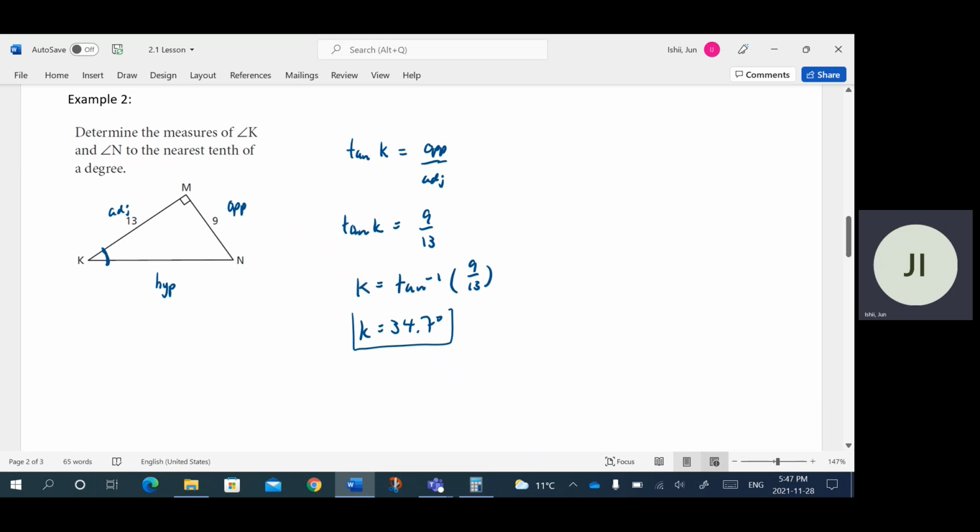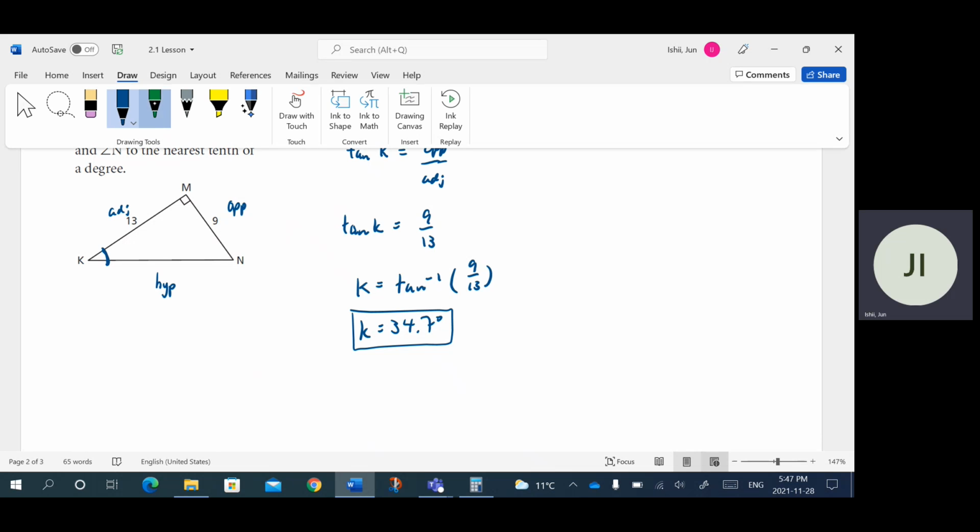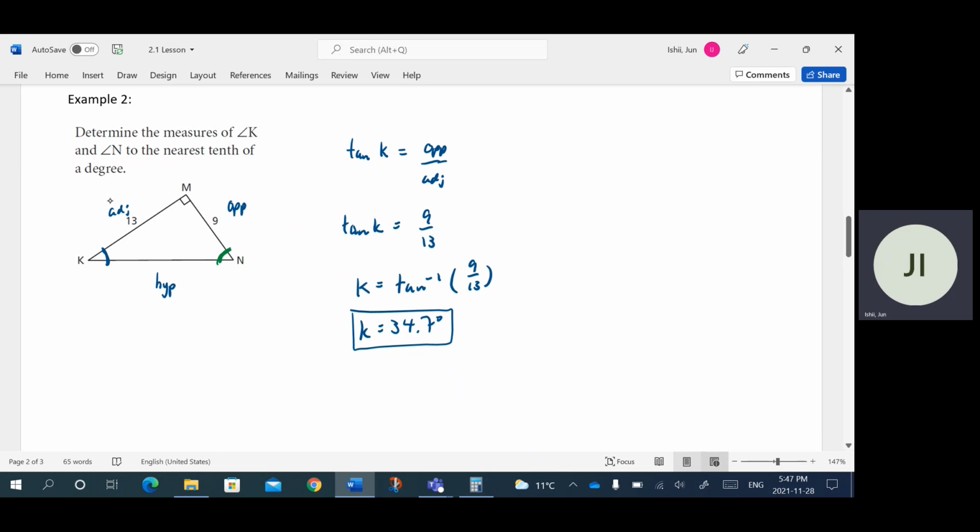Now, to find angle N, which I will change the color of my pen for, let's go with green. If I want to find angle N here, this side turns out to be my opposite, and this is going to be my adjacent side. And again, the hypotenuse stays the hypotenuse.